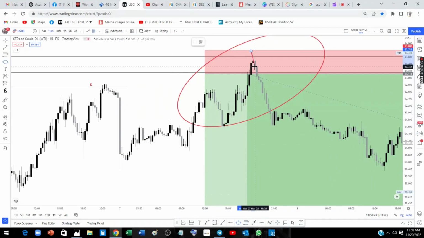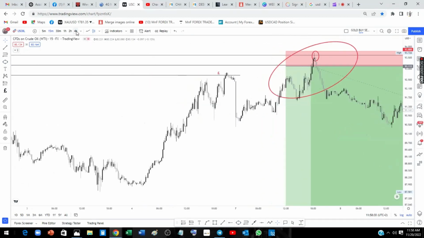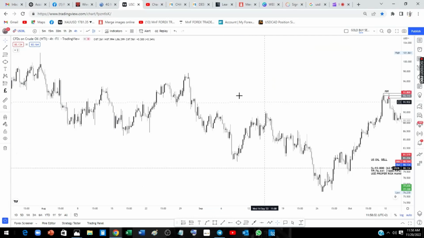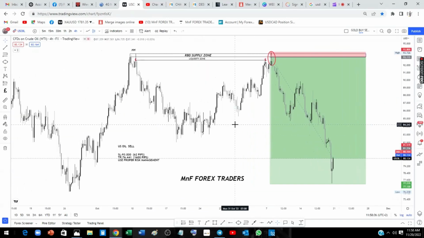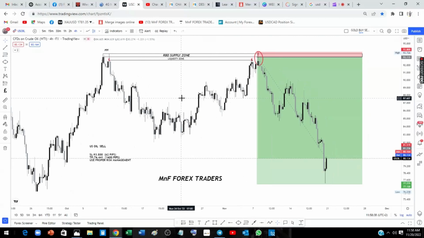You can see that we had a nice pin bar inside another pin bar. This was absolutely amazing. And guess what? After that, the market dropped significantly to the downside, about 1,600 pips. This was a very good swing trade.